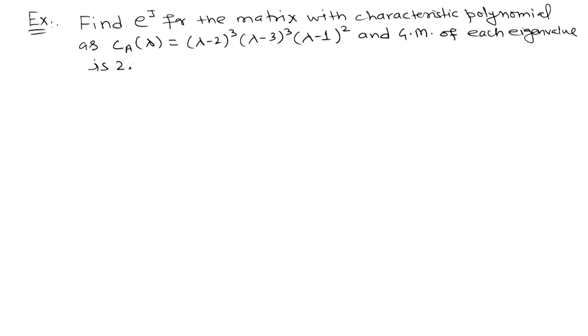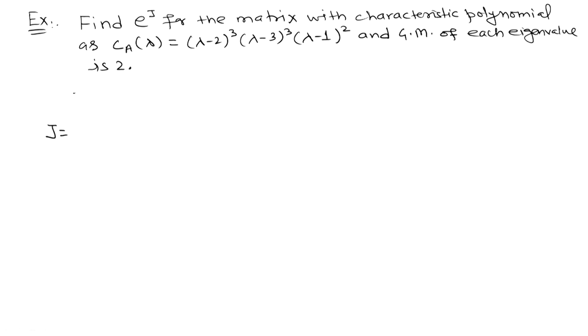Okay. So, first of all we have to write the Jordan canonical form of such a matrix. The total size of the matrix becomes 3 plus 3 plus 2, an 8 by 8 matrix. Here lambda equals 2 will occur 3 times in the main diagonal and the geometric multiplicity is 2, so there will be 2 Jordan blocks corresponding to lambda equals 2. If I factor 3 into 2 integers, it will become 2 plus 1.